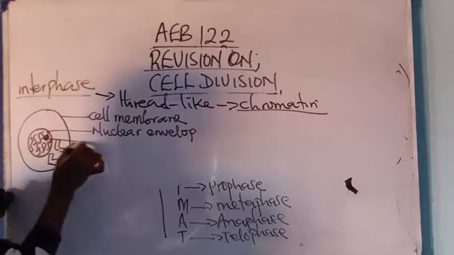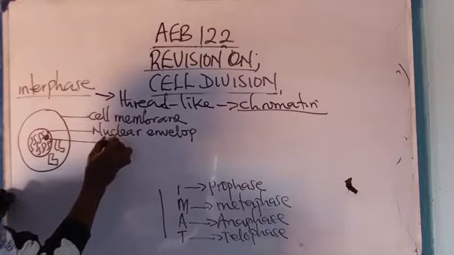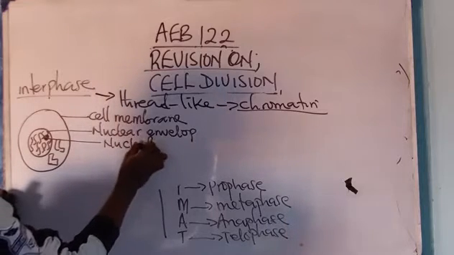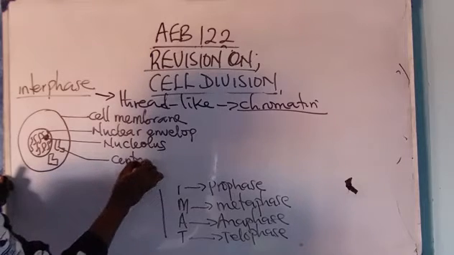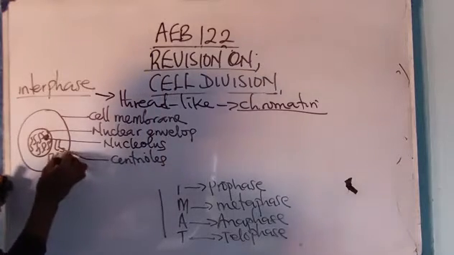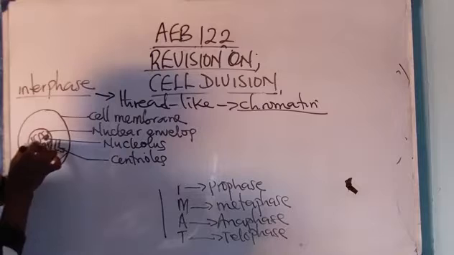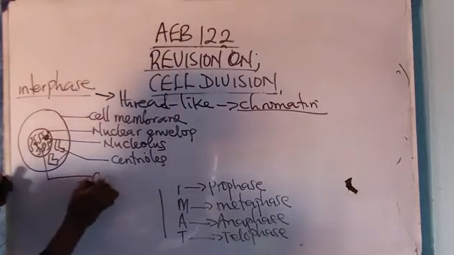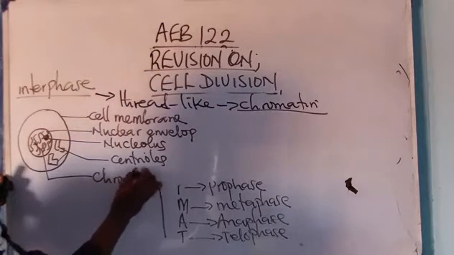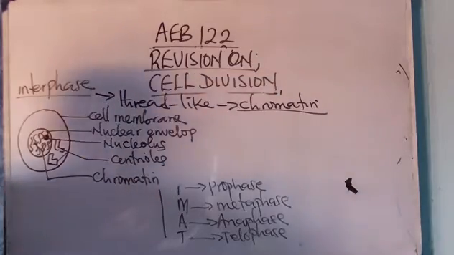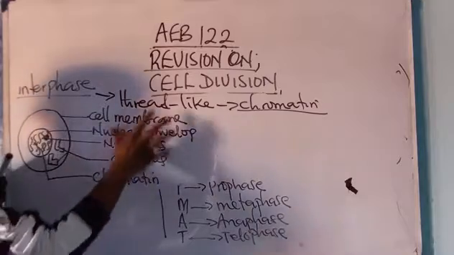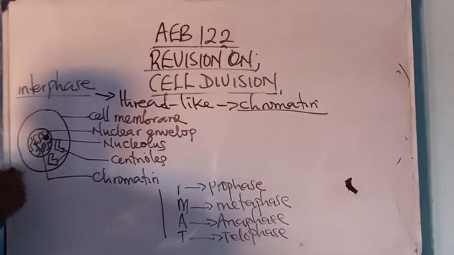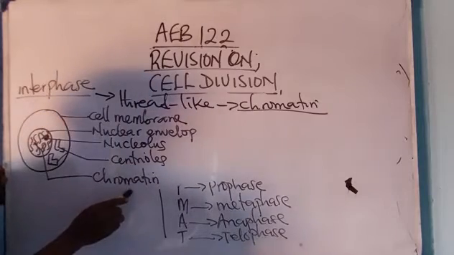And this is called the nucleolus. These thread-like structures inside are called the chromatin. So this diagram that has just been drawn on the board is called the interphase. You can see now that the chromosomes appear as threads called chromatin. All right.